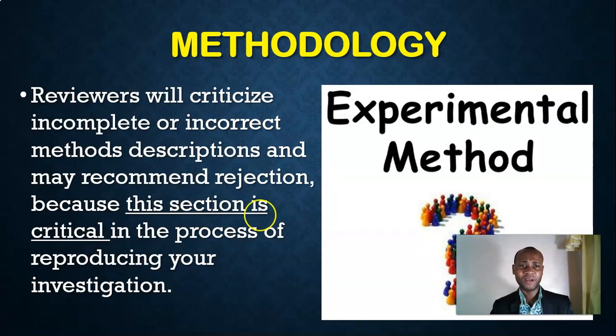Reviewers will criticize incomplete or incorrect method descriptions and may recommend rejection, because this section is critical in the process of reproducing your investigation. Make sure that your methodology is well written, so that whoever reads it can do the same study using the method you have prescribed.